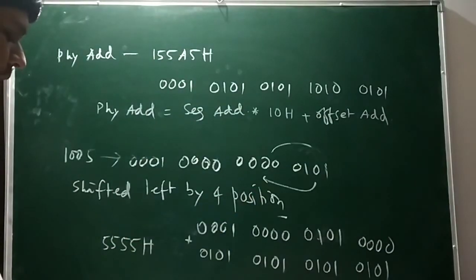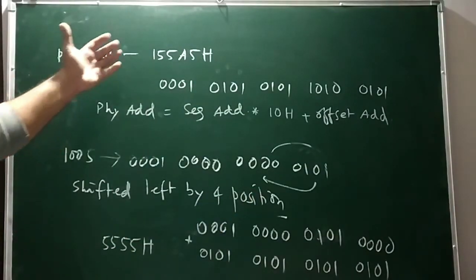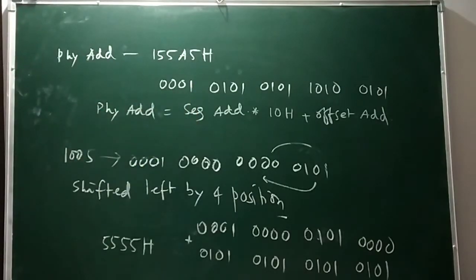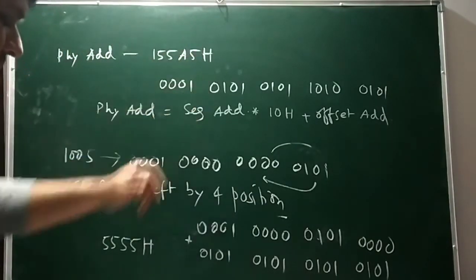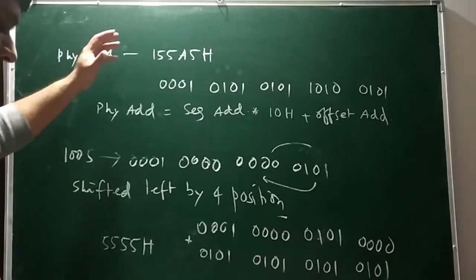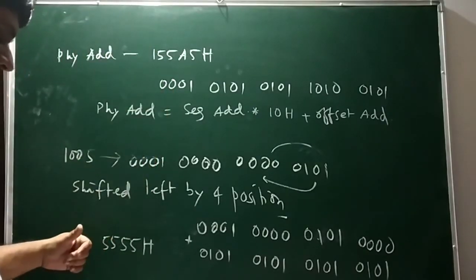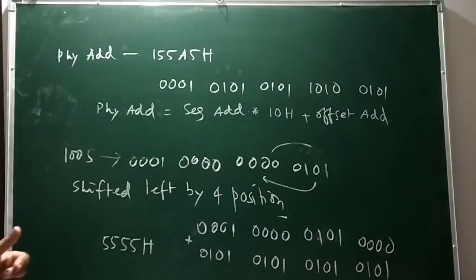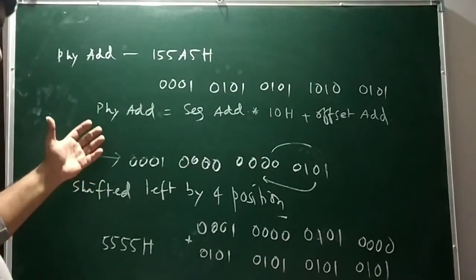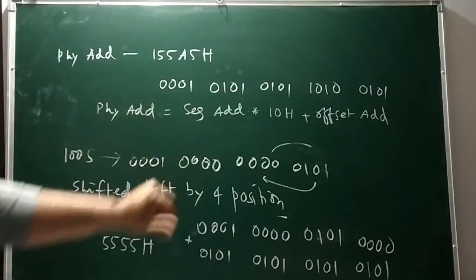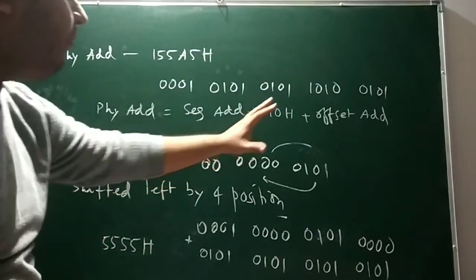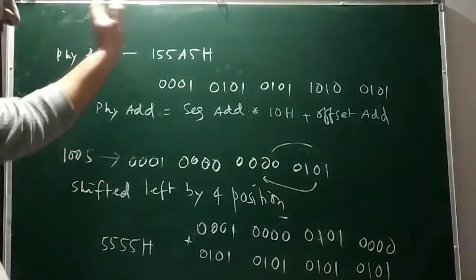Fine. So for forming different effective addresses, how the direct addressing mode or register indirect or relative addressing modes come into the picture, or how you calculate the physical address using the segment address and offset address for different addressing modes.